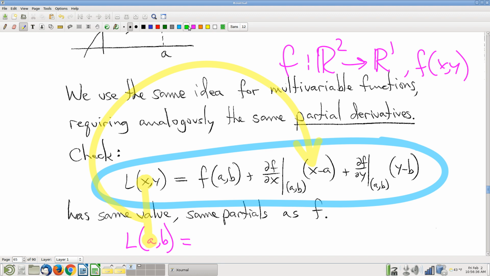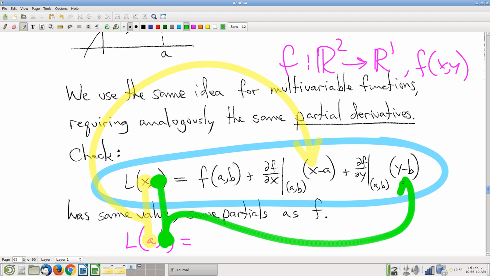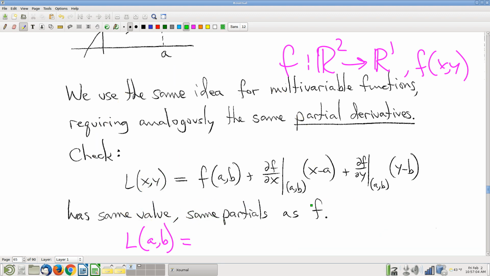We're going to take y equals b and plug that in. And conveniently, all this junk over here disappears in a puff of smoke, and I'm left with L of a comma b equal to f of a comma b. So this construction has the same value as f at the point a comma b. And by a similar calculation, I claim it has the same derivatives. Now let's be careful with that next part.